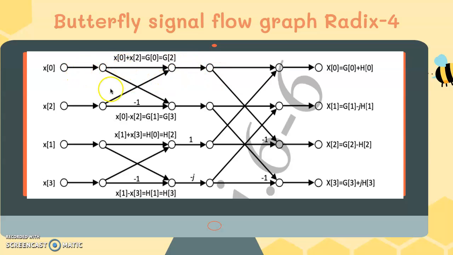So x0 meets with x2, so x0 plus x2. Because this is 1, so 1. So you have to draw this correctly, okay? You have to put the correct labels, minus 1, 1, minus j, so you have to label it correctly to get perfect marks, because normally when the question asks you, you have to draw until the butterfly signal flow graph.